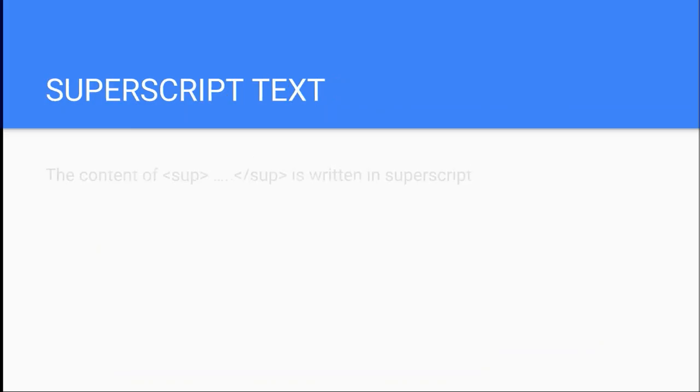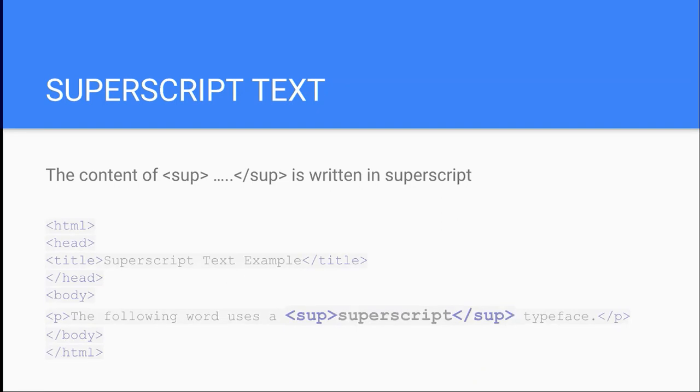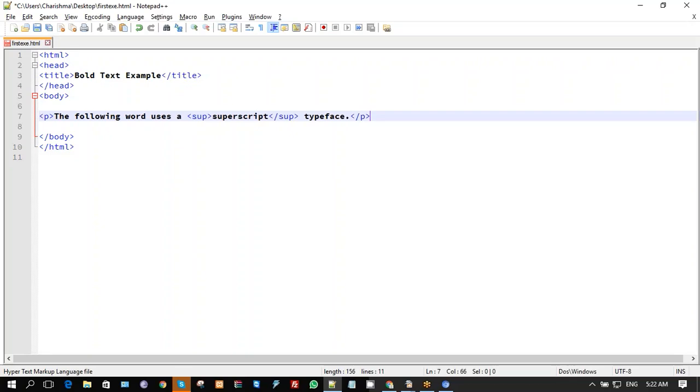And the next one is superscript. What is this superscript? If you use the sup /sup element, the content between these two tags will be rendered in superscript. Let's try this example too. Then you will understand what exactly a superscript is. Here you go.